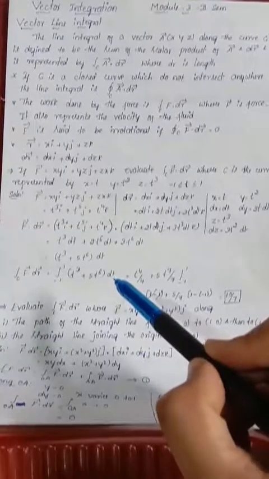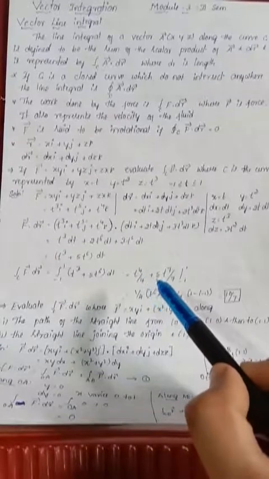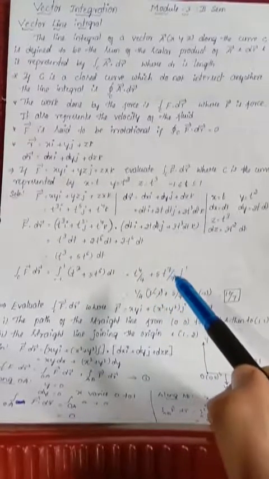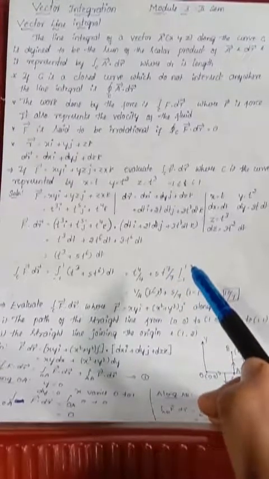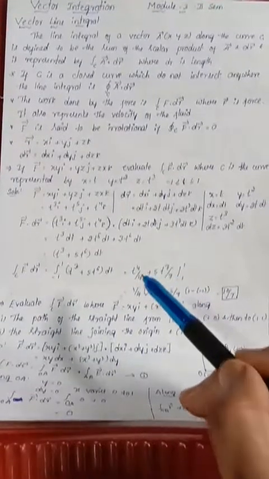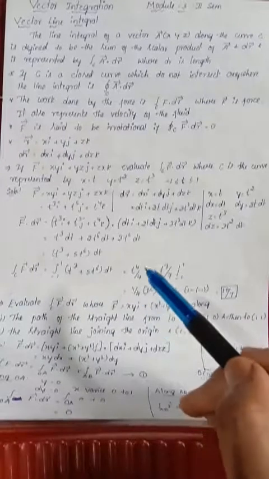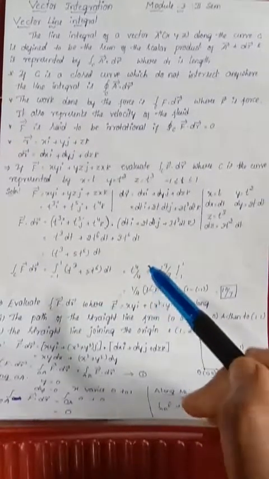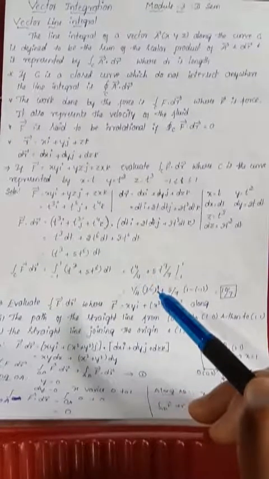Integrating with respect to t, t cube integration is t power 4 by 4 plus 5 into t power 6 integration is t power 7 divided by 7, between the limits -1 to +1. Apply upper limit minus lower limit, first term and then second term. 1 by 4 into upper limit 1 power 4 is 1 minus lower limit t is -1 whole power 4 is +1, right?